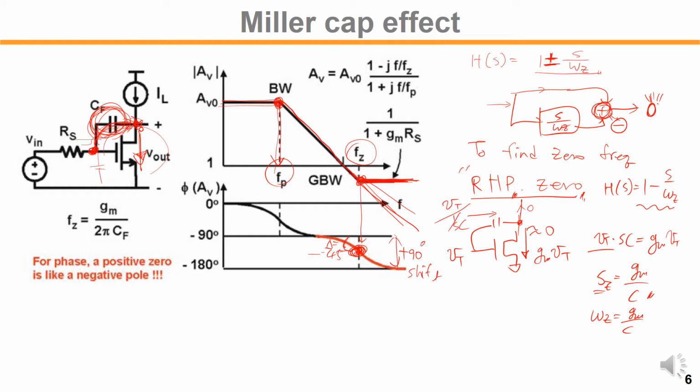So the overall response will be the DC gain Av times 1 over 1 plus s over omega_p, times 1 minus s over omega_g. This is the overall response out of such a simple model that's shown here.